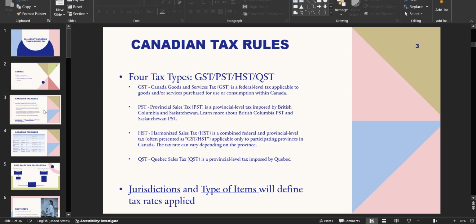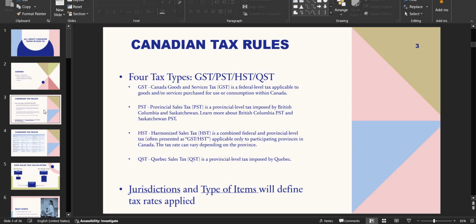I will start with a Canadian tax rules high-level overview. So you can be assured that Canadian tax is much more straightforward than US taxes. The reason is in the US, as you probably know already, there are different layers of taxes, like city tax, state, federal, and that makes calculation a lot more complicated.